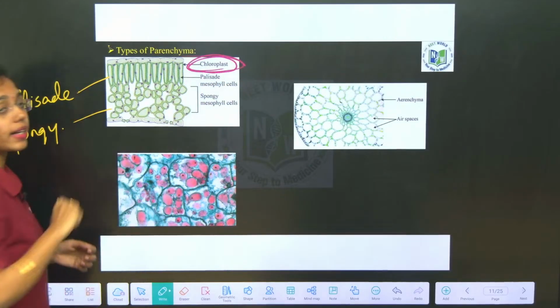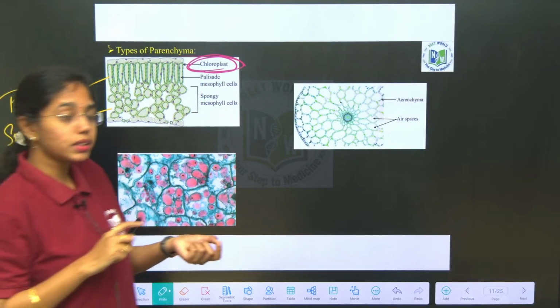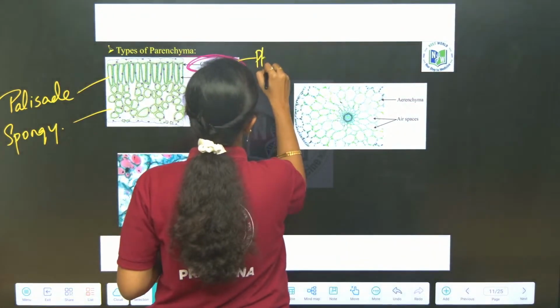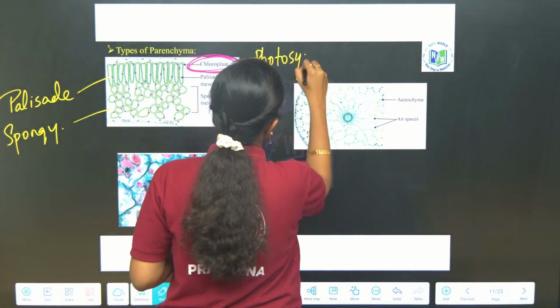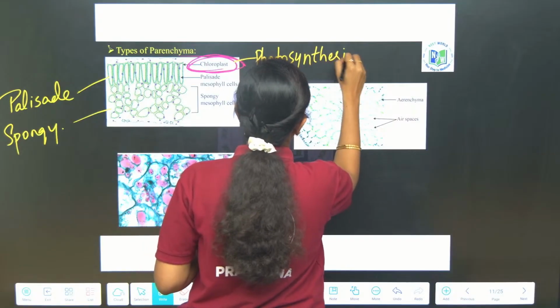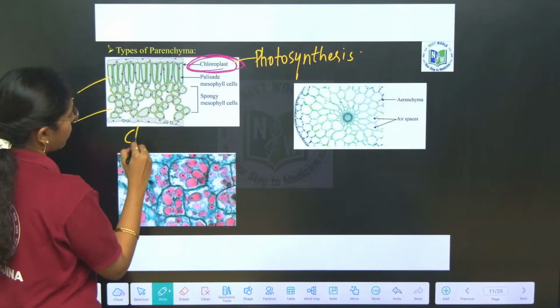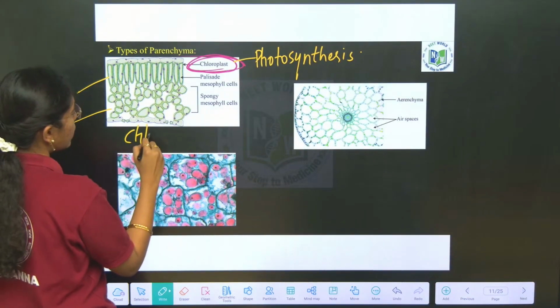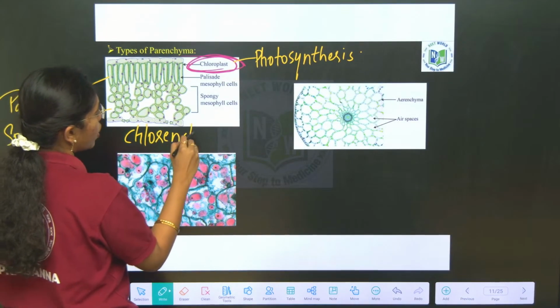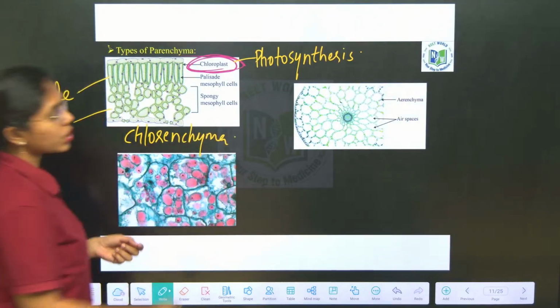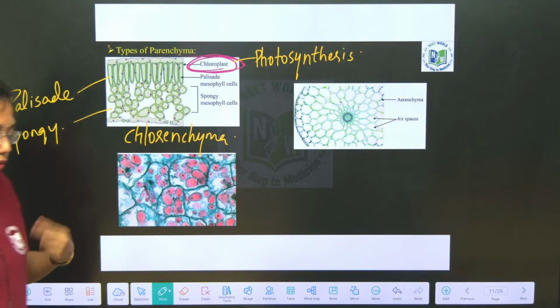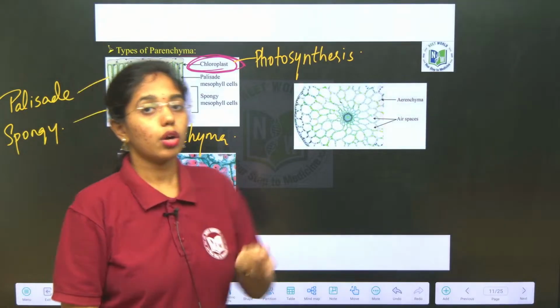So those parenchymatous cells which have chloroplast in them and conduct photosynthesis are known as chlorenchyma.